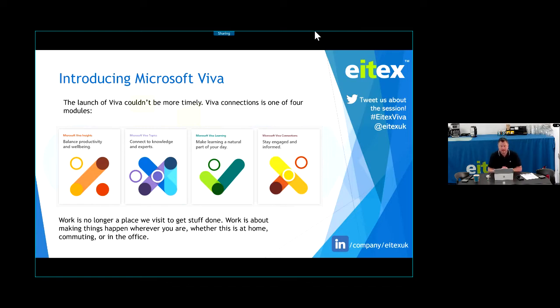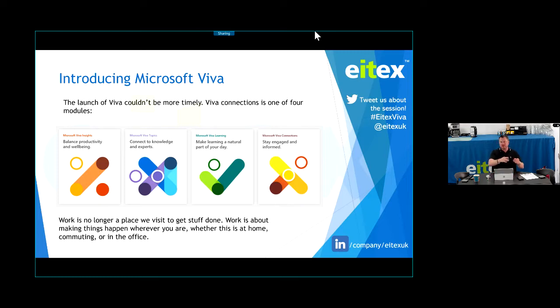Microsoft Viva Learning is a learning platform that plugs into online learning platforms like LinkedIn Learning, for example. It also allows you to publish your own learning content. Again, using employee induction as an example, some organizations are now recording induction videos because of these platforms.